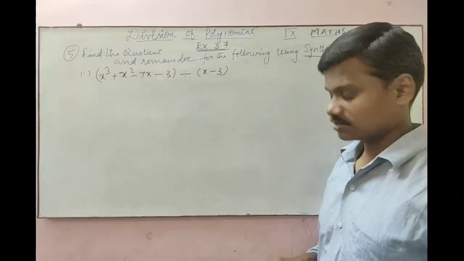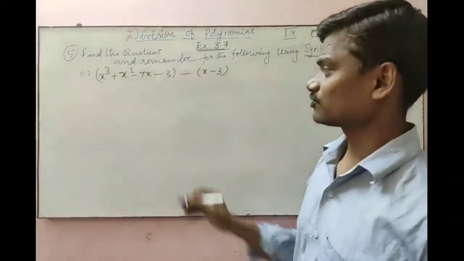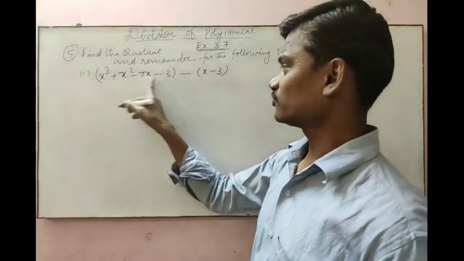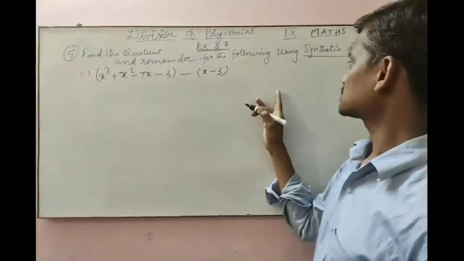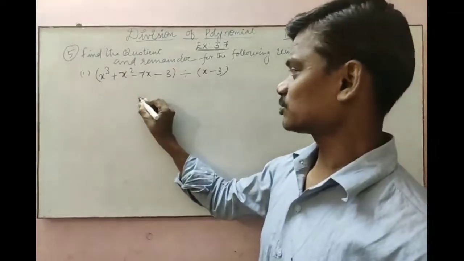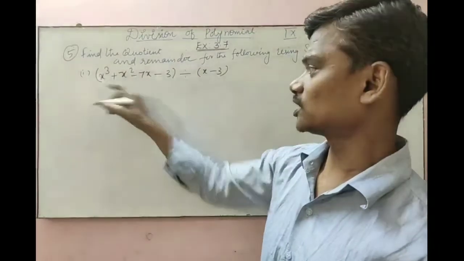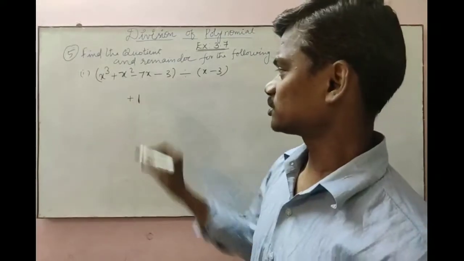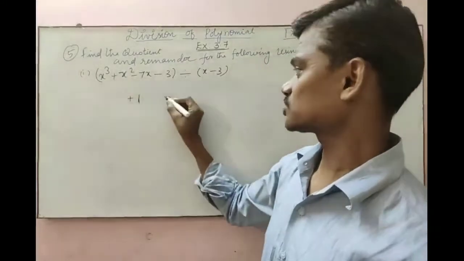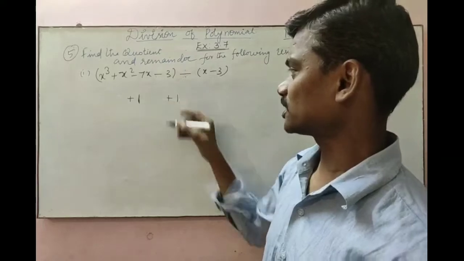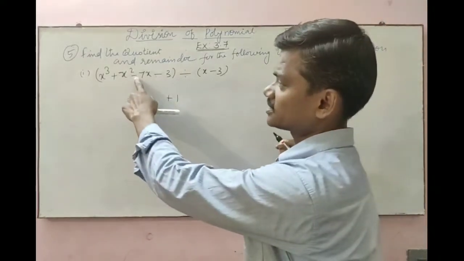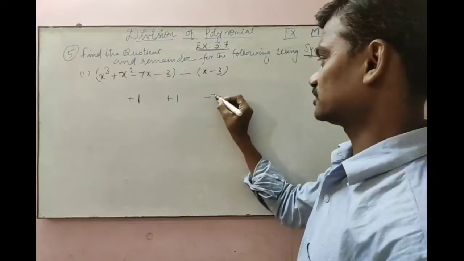Okay, listen here carefully. I am going to write the coefficients only. This is the easiest one. First I am going to take the coefficients. What is the coefficient of x cube? It is 1. Write it with the sign, plus 1. Leave some gap and write plus 1. Again the next number is minus 7.